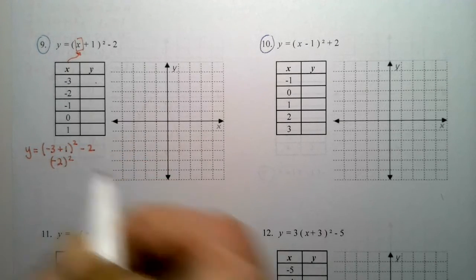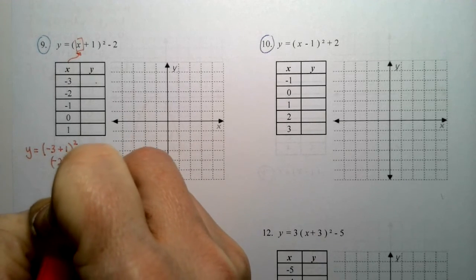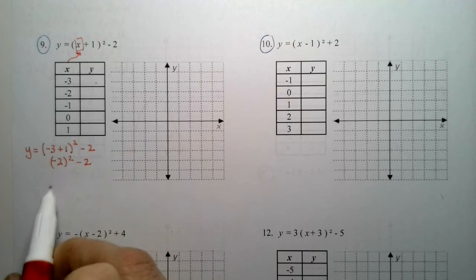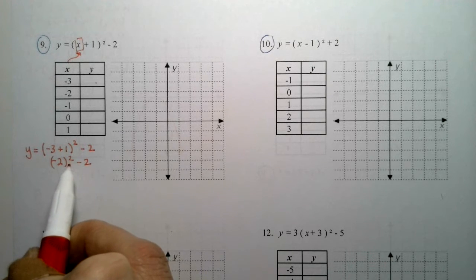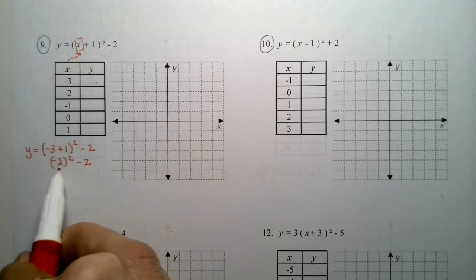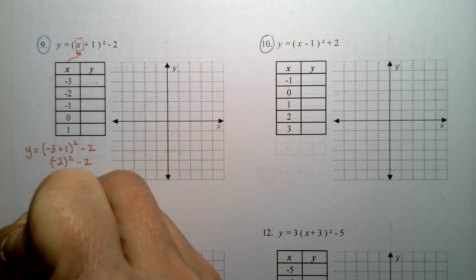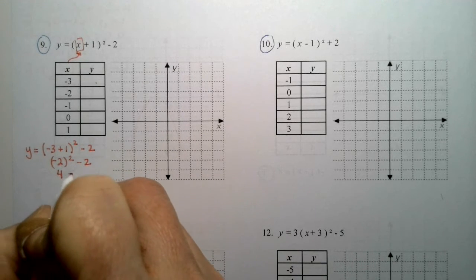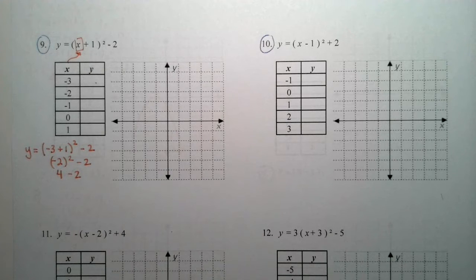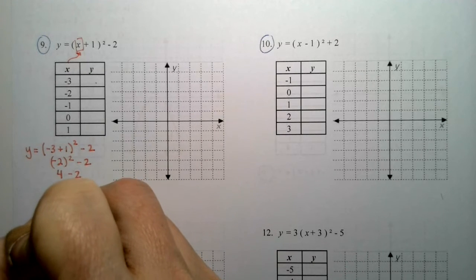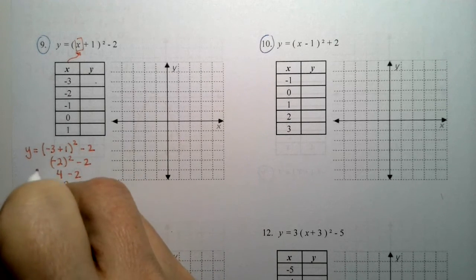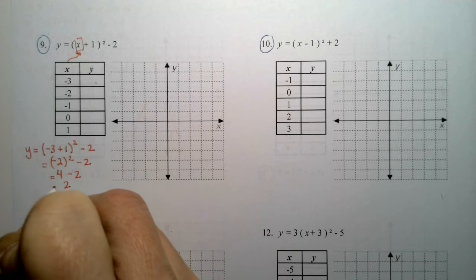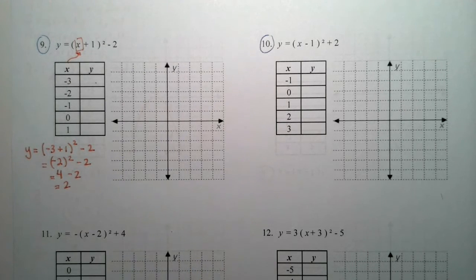That has to be squared minus 2. So after we do our parentheses in order of operations, we're going to do our exponent. Negative 2 squared is negative 2 times negative 2, which is 4. And I still have my minus 2. Now I just have 4 minus 2, which is 2. So that's what y is equal to when x is negative 3. So we plug that into our table and we'll plot that point.